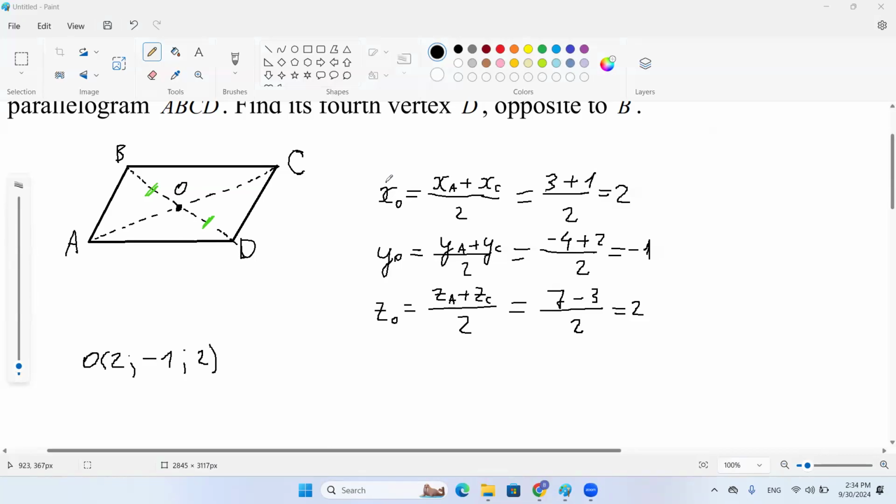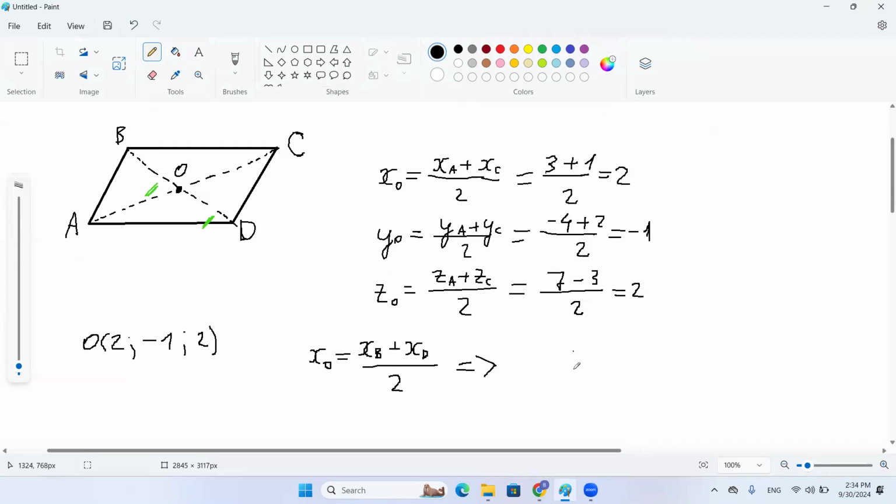Like x B plus x D divided by 2 equals x O. We need to find x D from this formula.